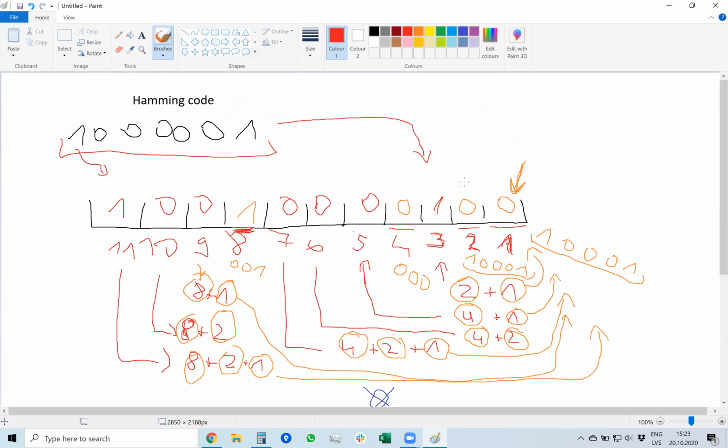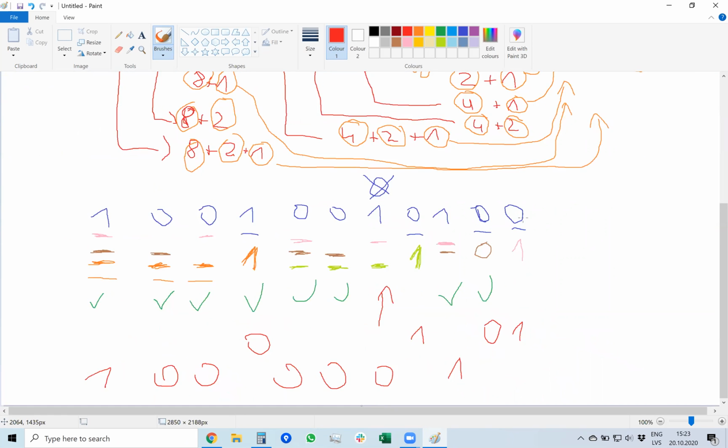This is why the parity bits are in these weird places, in position number 1, 2, 4, and 8. And this is why they are calculated in this a little bit complicated manner, because putting them there really helps us to calculate where the mistake is, okay?